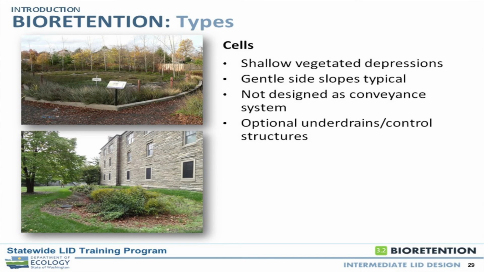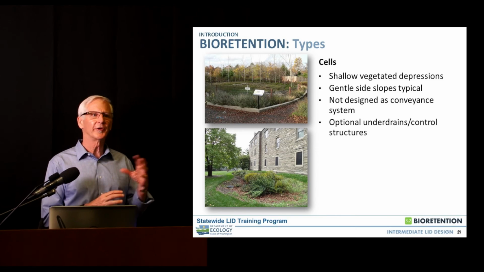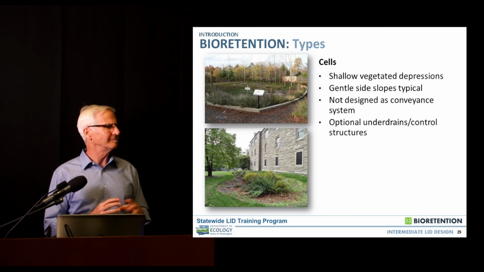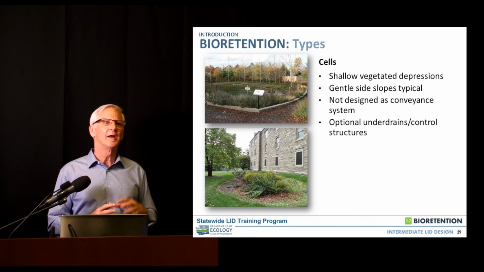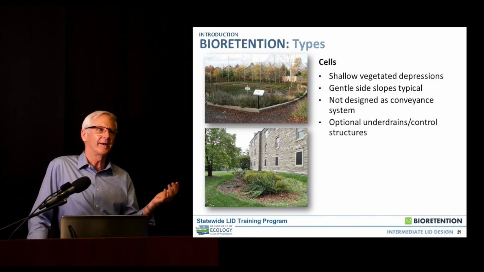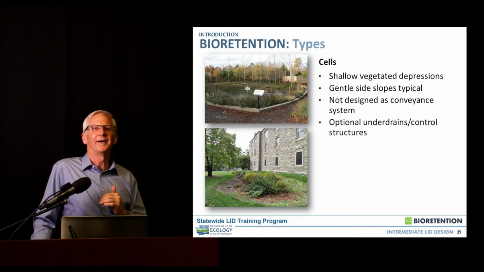And again, optional underdrains and control structures. But I would say 10 years ago, when we were talking about using control structures, orifices, and other more sophisticated control structures for bioretention, the region was generally, no, that's an added complexity. You might clog the orifices, all of that. I'd say we're warming up to that now in this part of the world.